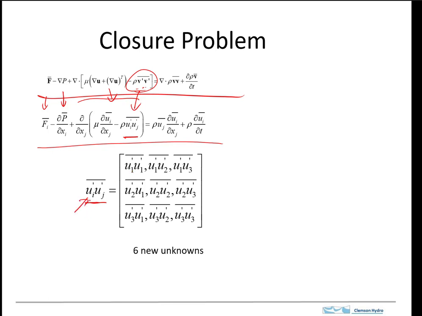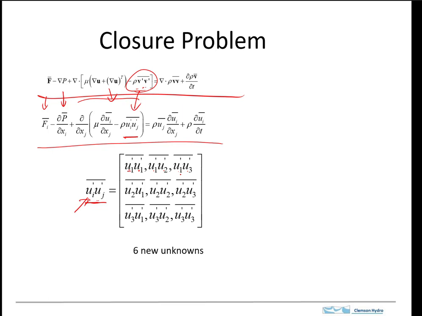This is a 3D component, right? So it's a three-dimensional vector, and when I multiply it together, I get these different terms. This is the fluctuating velocity in the x1 direction, and it's the product of those two. And here it's x1 and x2, the product of that, and x1 and x3.